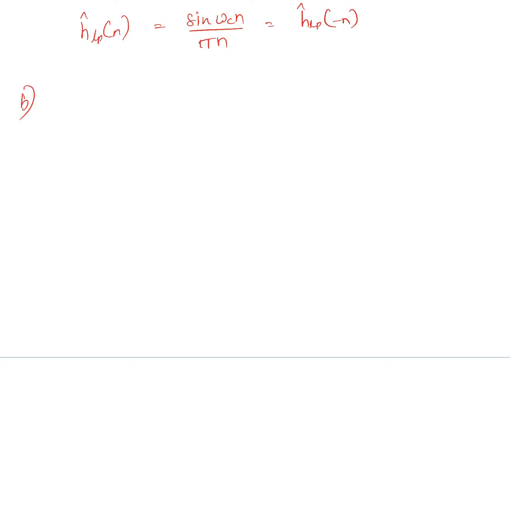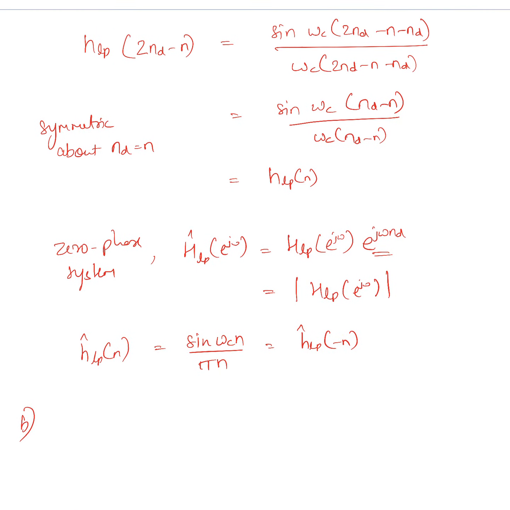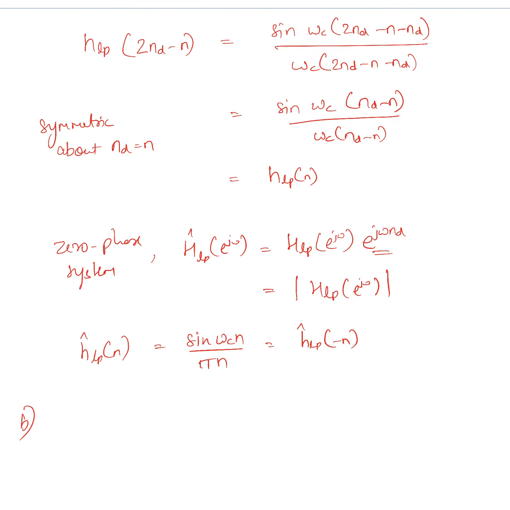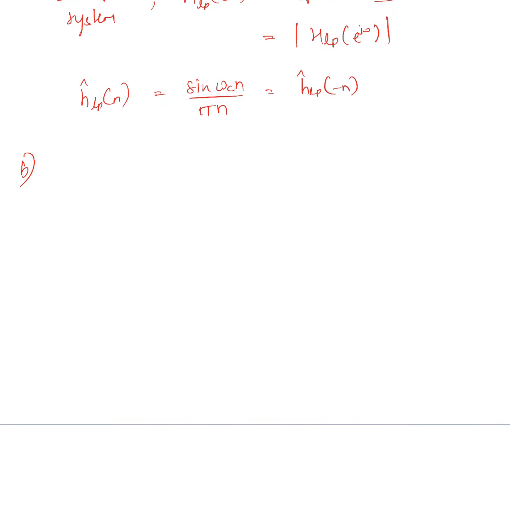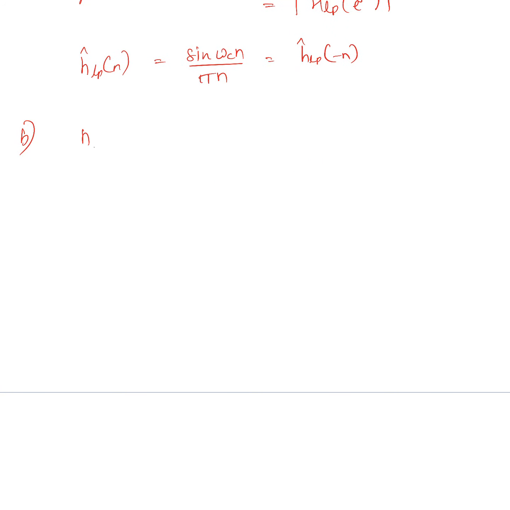But another important thing is, since alpha is equal to 0.5, similar to the above case, twice alpha would be an integer. So I can write HLP of 2 alpha minus n is equal to HLP of n, because 2 alpha is an integer.